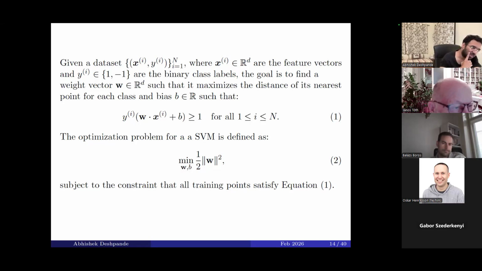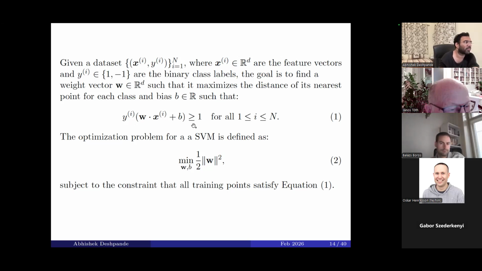So the optimization problem is defined as this: maximizing the distance is the same as minimizing the norm of W square, subject to yi times (W x plus b) being greater than or equal to 1.